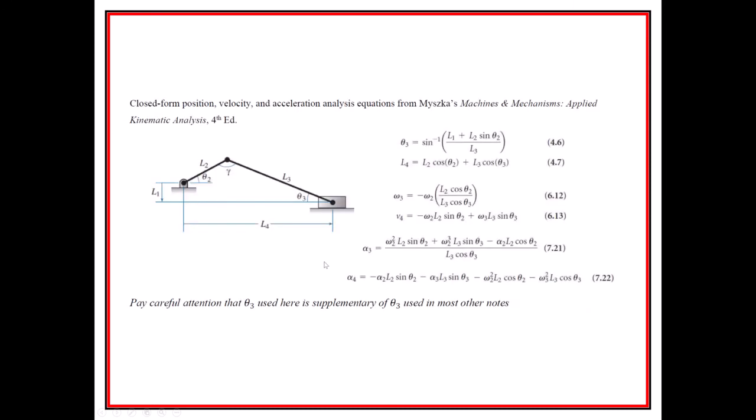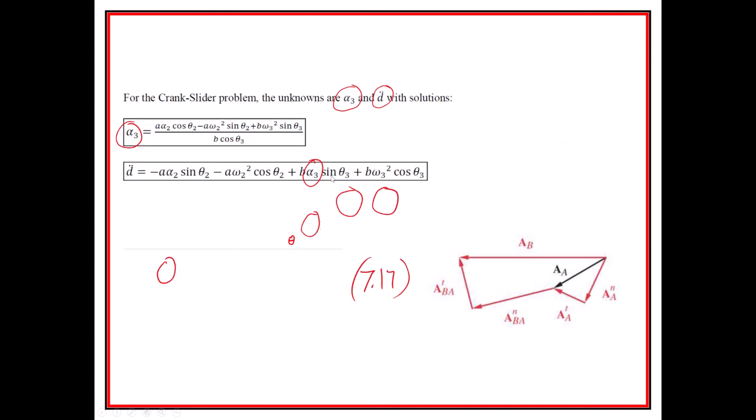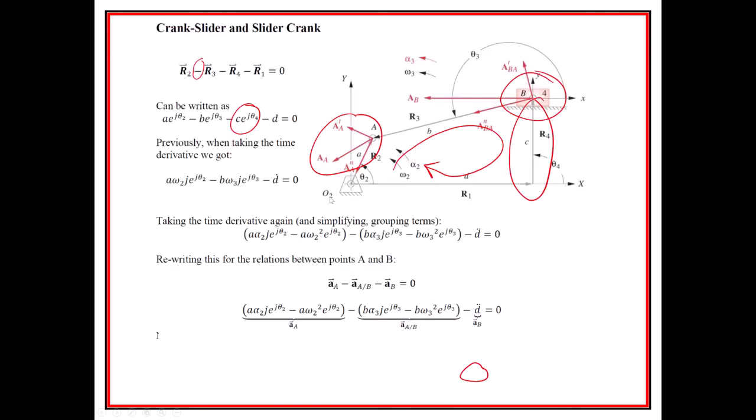And then lastly, here are Myszka's equations that they provide, and you have to be careful if you're using these because they use a different theta 3 as the reference. So just be careful of plugging and chugging. You come through here and start using these equations because they look simpler and they're quicker, and you're going to get mixed up, because this one has theta 3 as being between the horizontal and this side of the vector, whereas this one uses theta 3 from here and goes all the way back over there, right?